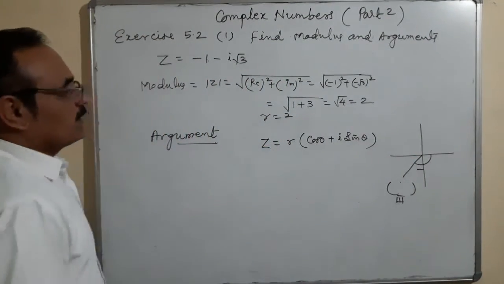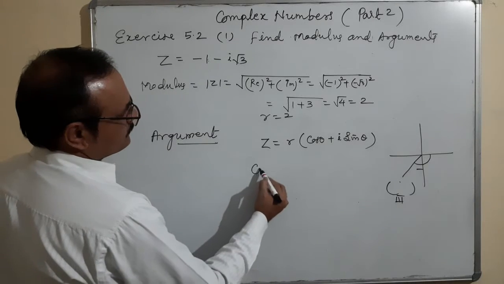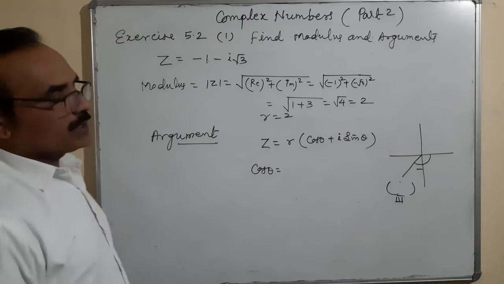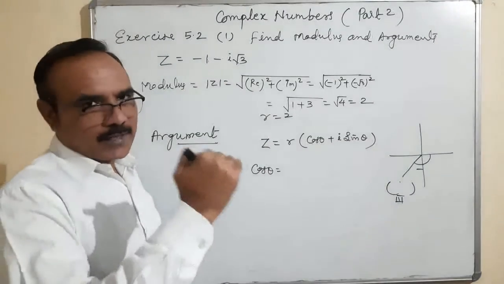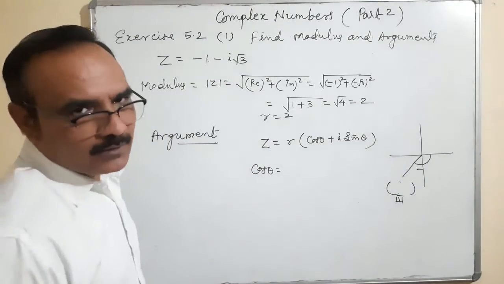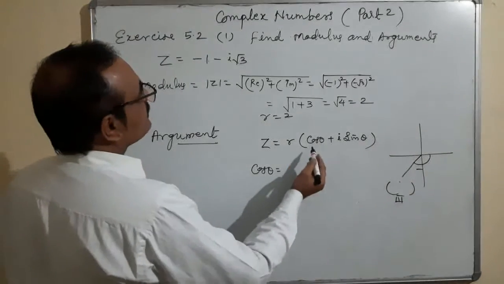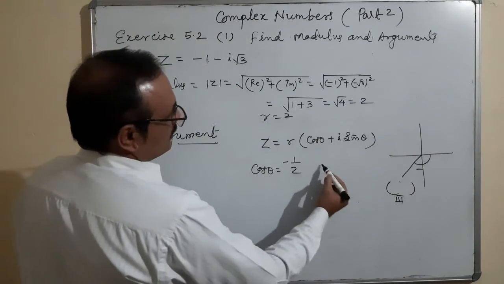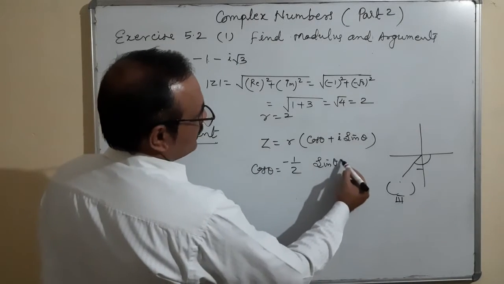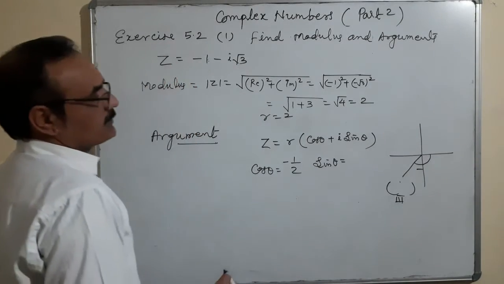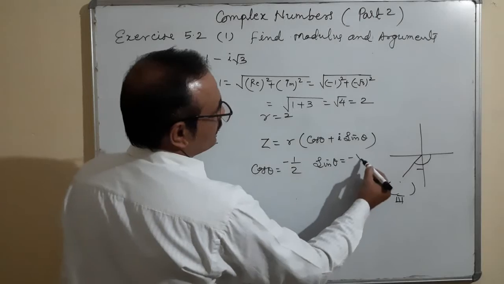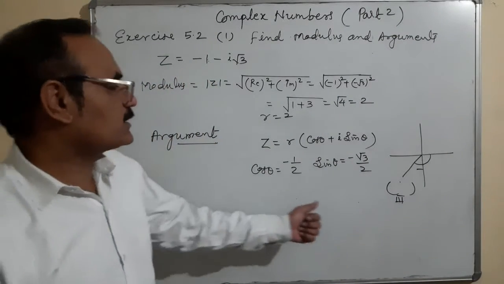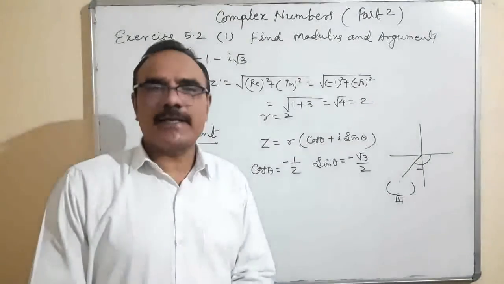So what is the value here? Let us see. Cos theta is equal to real part upon r. Real part is minus 1, so it is minus 1 upon 2, and sin theta is equal to imaginary part, minus root 3 upon 2. Now we see that in the third quadrant sin and cos both are negative, okay?